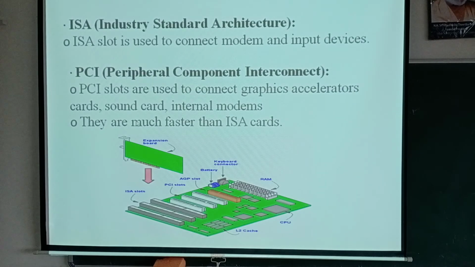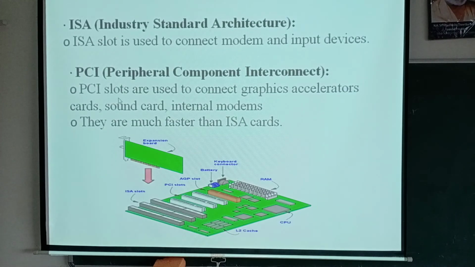Next one is PCI. These three white colored slots in the motherboard picture are called PCI slots. What does PCI mean? Peripheral means external, something from outside that is to be connected. Peripheral Component Interconnect.